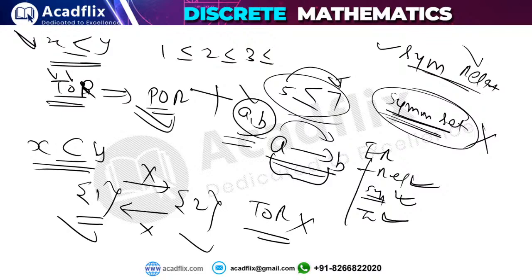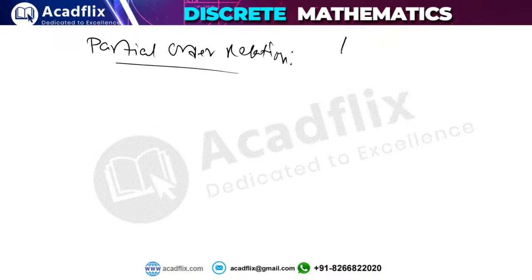If anyone has any other doubt, you can ask. So let's see the last thing today. Every partial order relation can be represented by something called a Hasse diagram. This is a special thing.